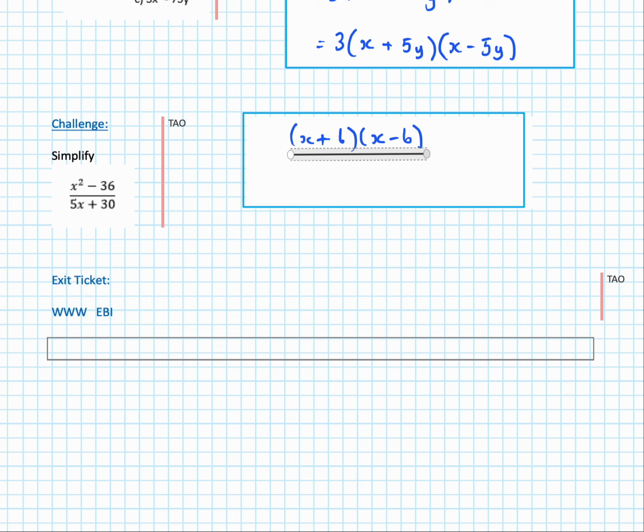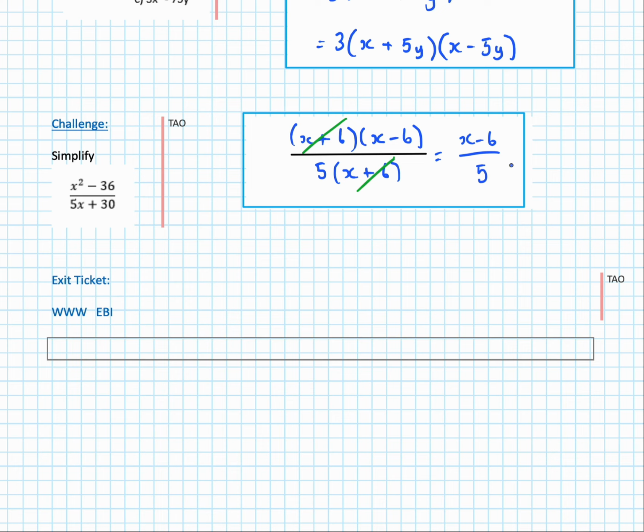There we go. And a little bit different on the base here, on the denominator. Just 5x plus 30. There's no variable on the 30, so we just placed a 5 outside, because that's the only thing they share. So 5 times x plus 6. And of course you might see now that x plus 6 divided by x plus 6 is 1. So our answer here is x minus 6 over 5.